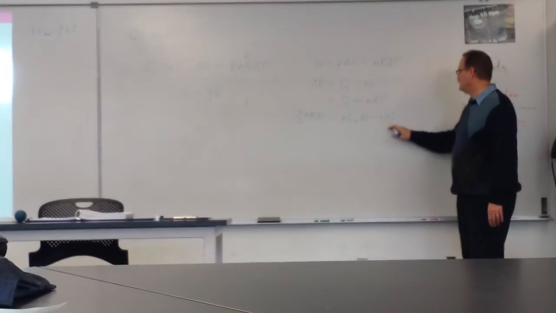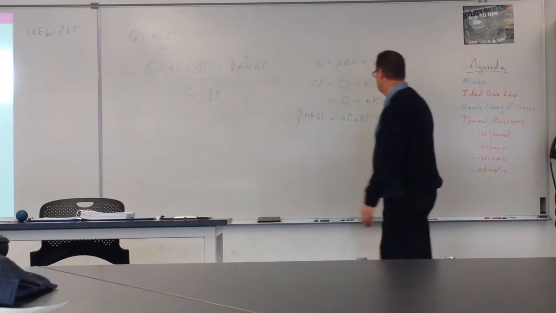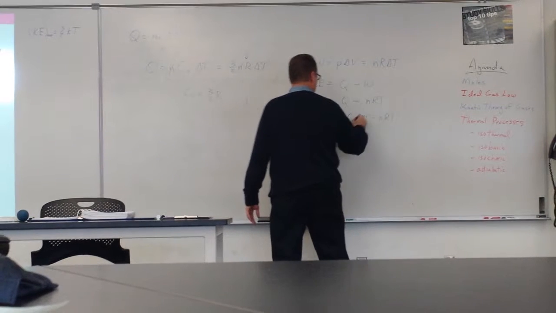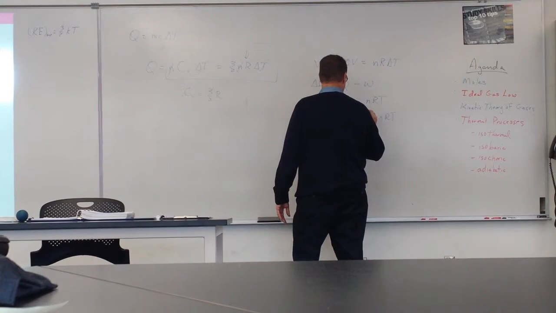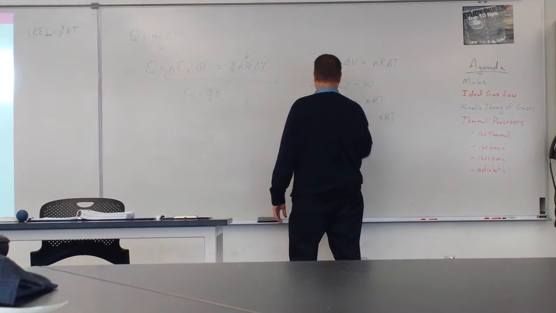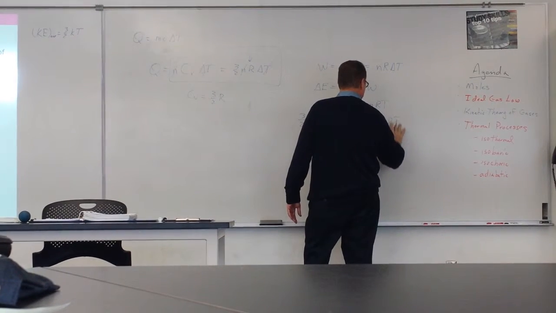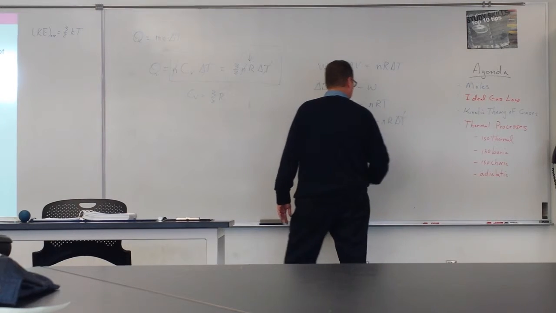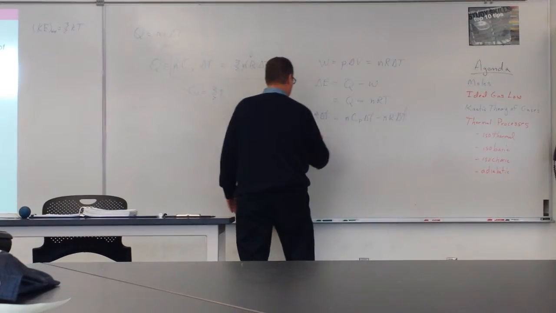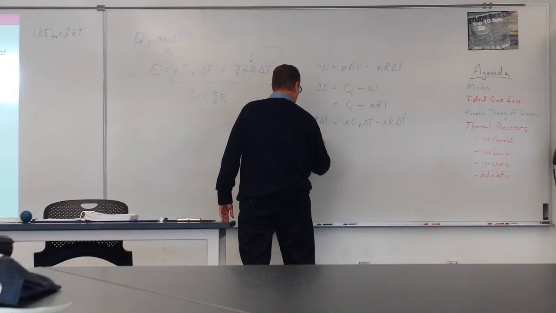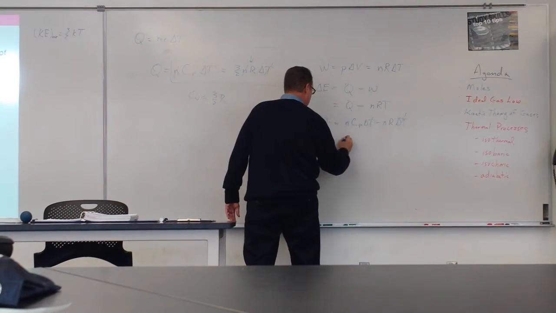So now I can solve this. All the nR's go out. Not the R's, the n delta T's go out. And then if I pull this over here, I'm left with 3/2 R plus R equals Cp.